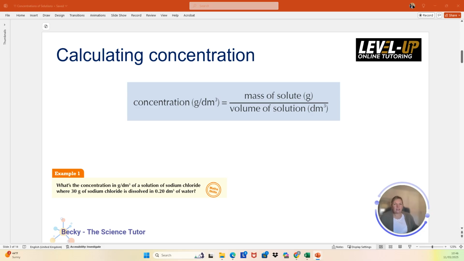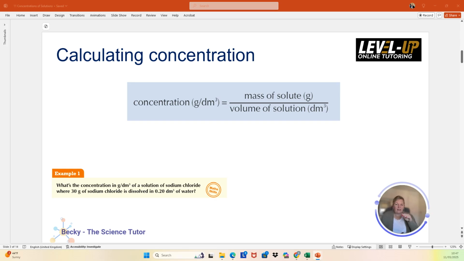Now with any calculations, and especially if you've seen other videos of mine, I talk about making sure that you know what units each part of the equation needs to be in, and what units your answer needs to be in.